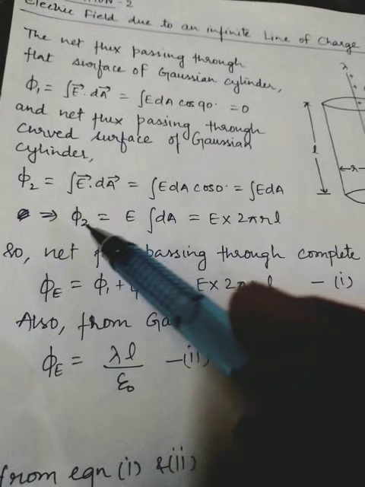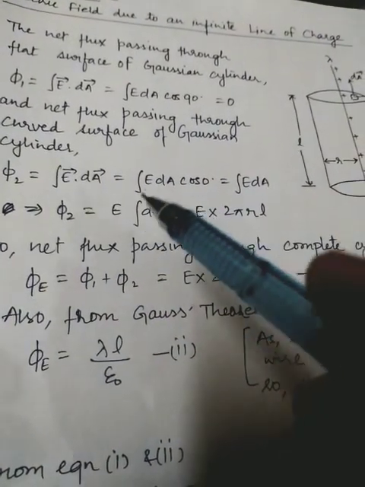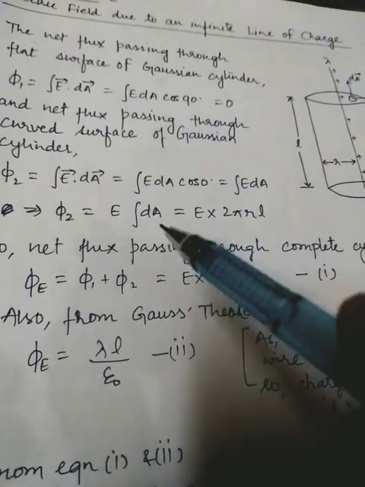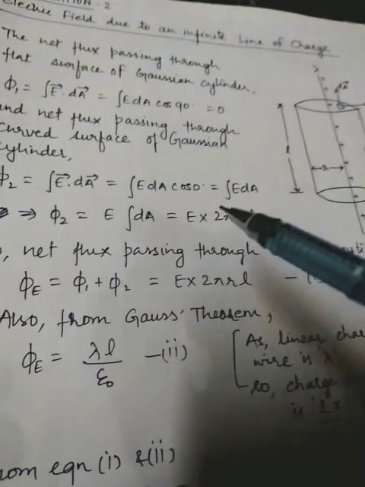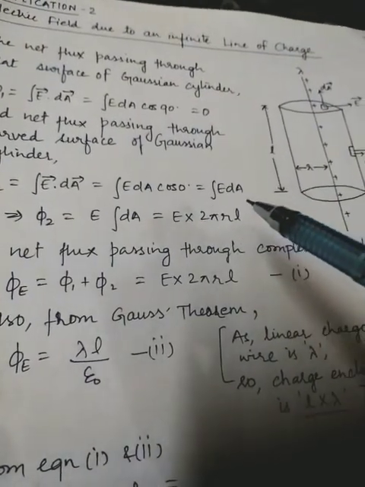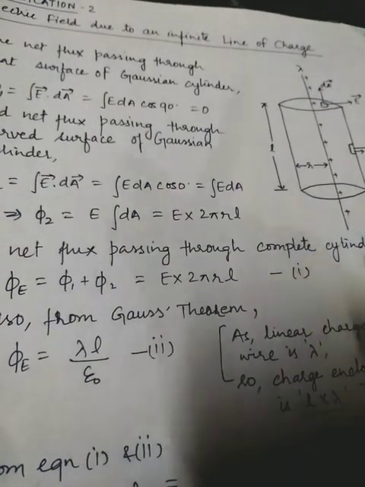In next line, phi 2 will be equal to E, as E is constant, E integration dA. Integration dA will give the total curved surface area of the cylinder, that is actually 2 pi RL. So phi 2 will become E into 2 pi RL.